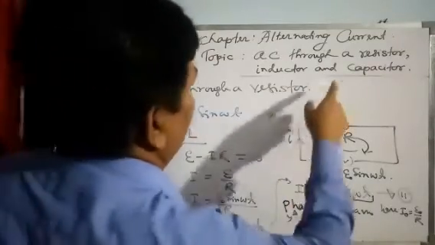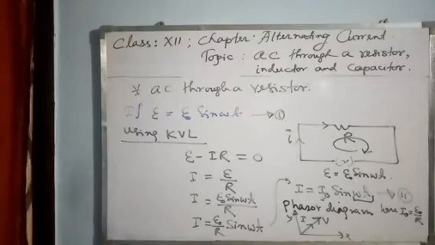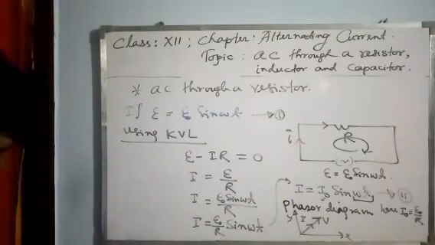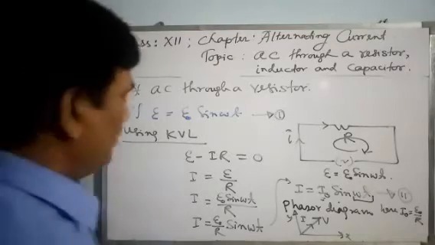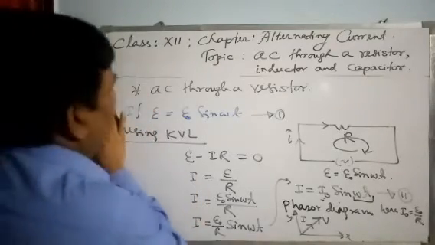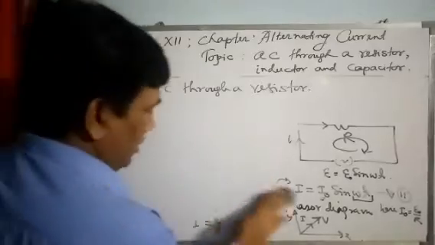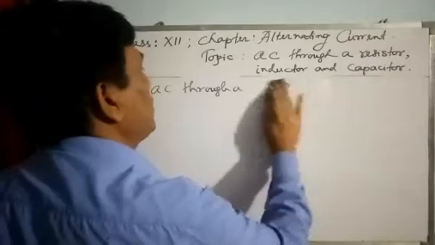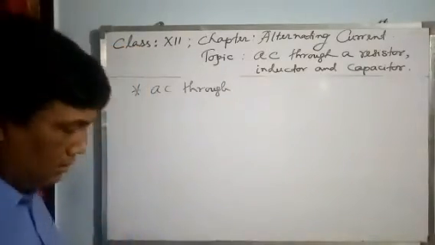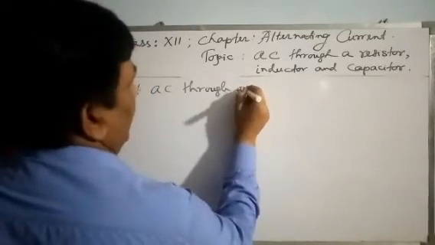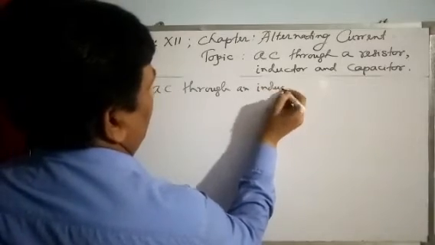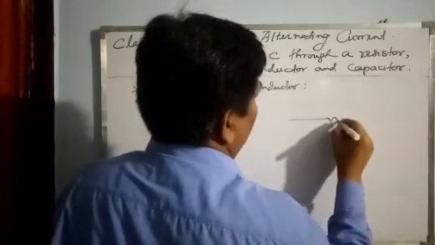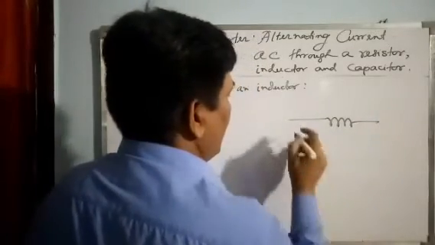I am going to discuss now AC through an inductor. Let me draw it. If required, just give a pause. Write it: AC through an inductor. So I am having only one inductor, which means the resistance of the circuit is 0.